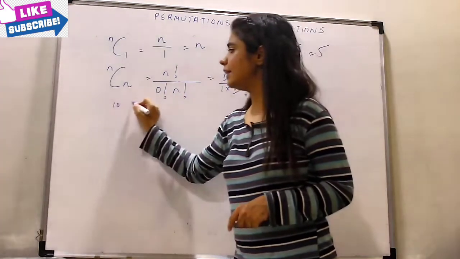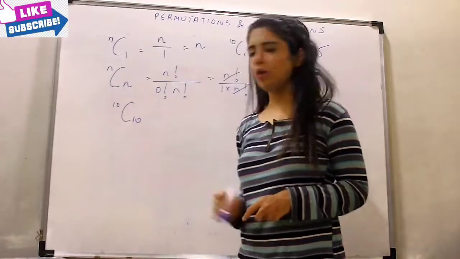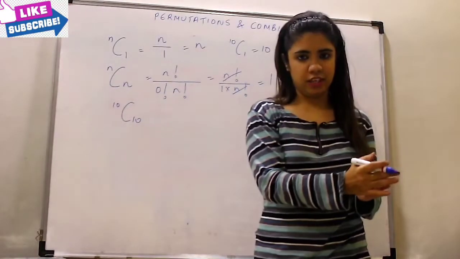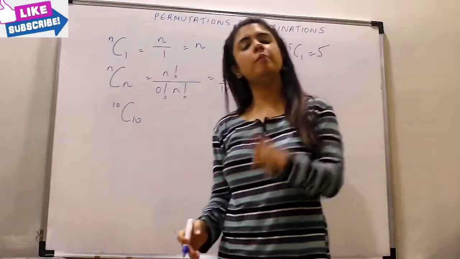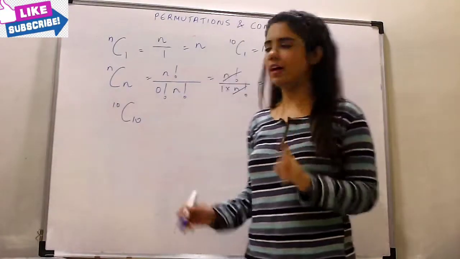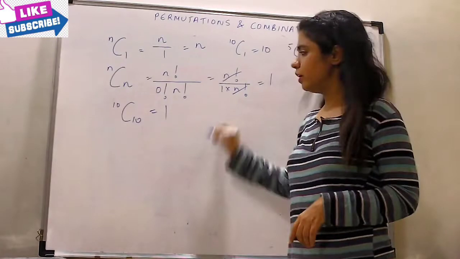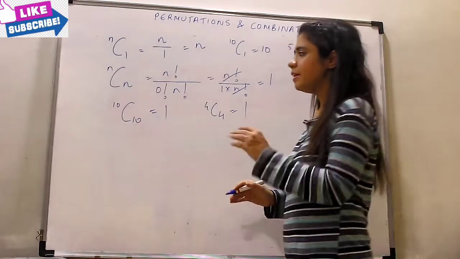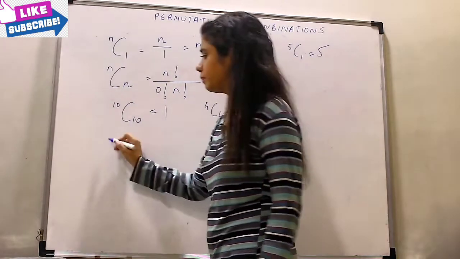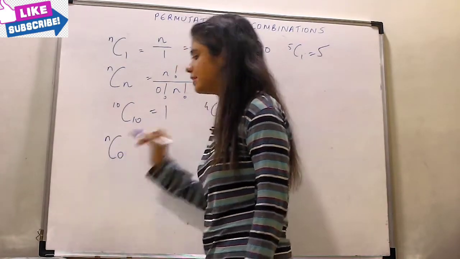Let's say I had 10 subjects and I had to select all 10. I have no option. So in how many ways can I select? Only one way. So 4C4 will be what? 1. That's it.